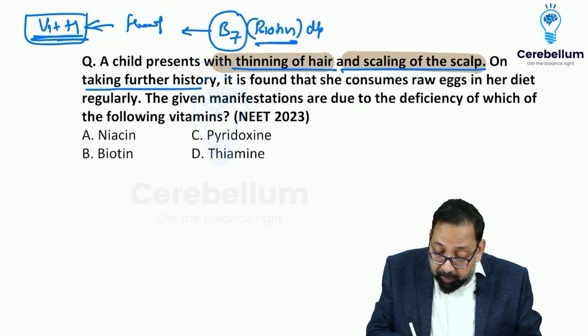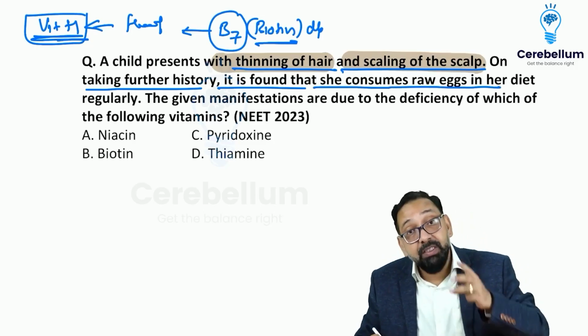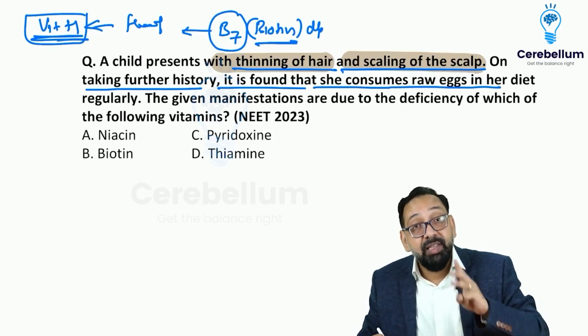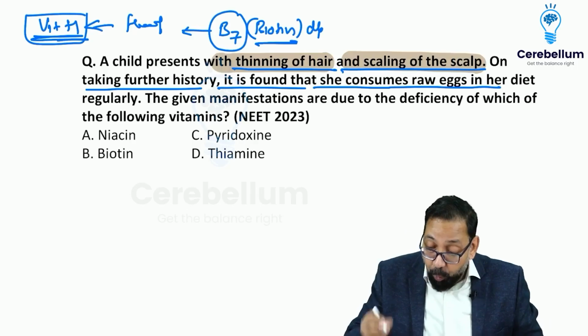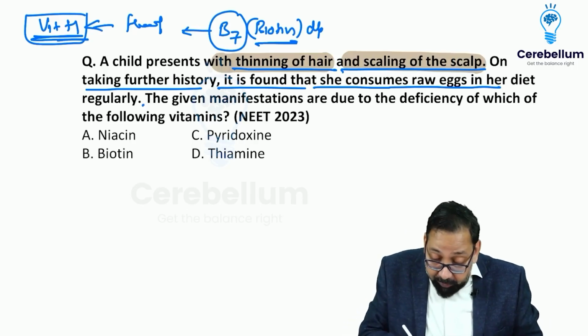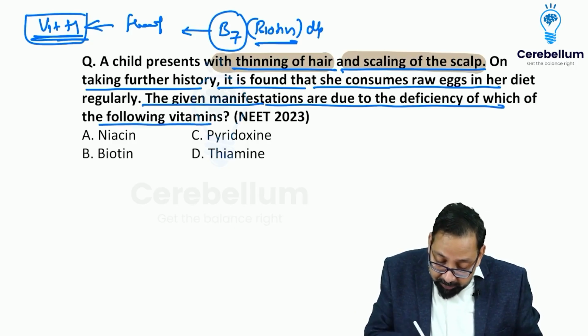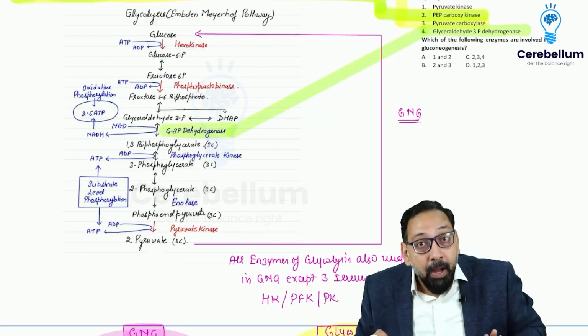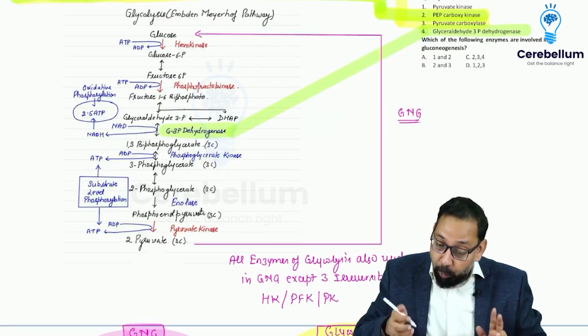On taking further history, it is found that she consumes raw eggs. They have given symptoms of biotin deficiency and also the cause: she consumes raw egg regularly. The manifestations are due to deficiency of which vitamin? The answer is biotin.